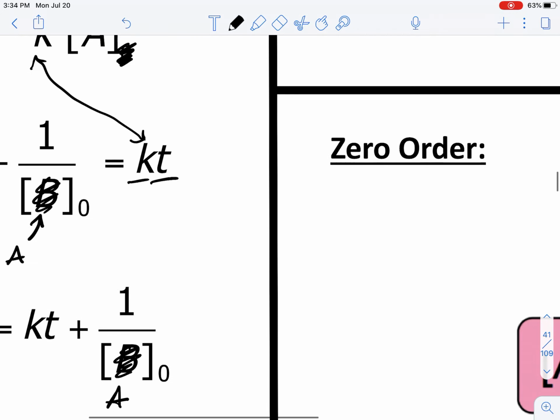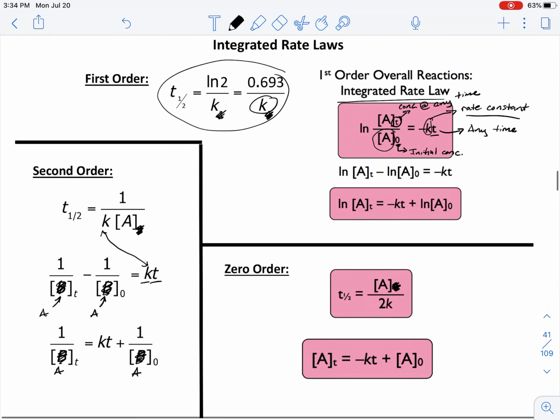All right. So overall, these are your integrated rate laws, and you don't really need to worry about how to integrate the rate law to produce these equations. So you guys can go ahead and just copy them down, put them on your cheat sheet, if you will, put them in your notes, make sure you have them. The one thing about these integrated rate laws is that first order equations are very specific.